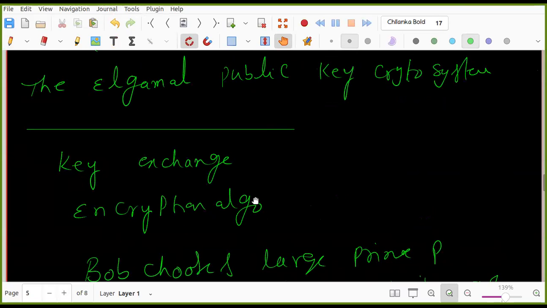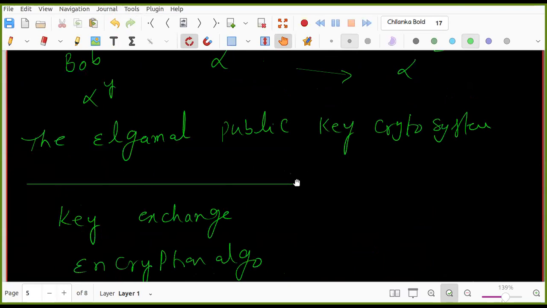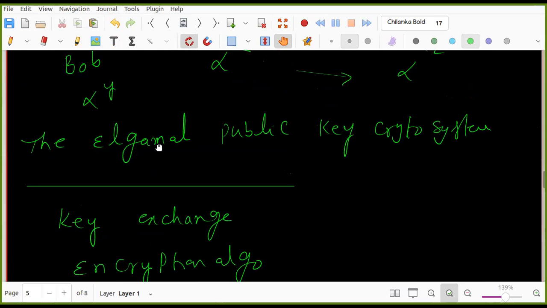And the ElGamal public crypto system is based on the discrete logarithm problem. See what happened. Diffie and Hellman explained the public crypto system, but they did not know how to do the decryption.